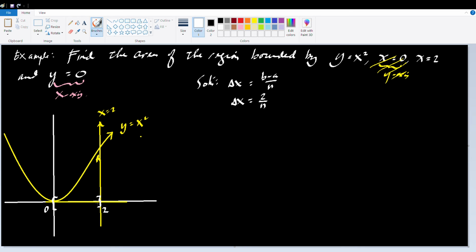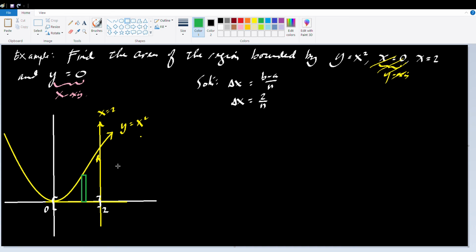So we divide the interval into n subintervals, each of width delta x, and let us draw the ith interval. So we are using the absolute minimum value.